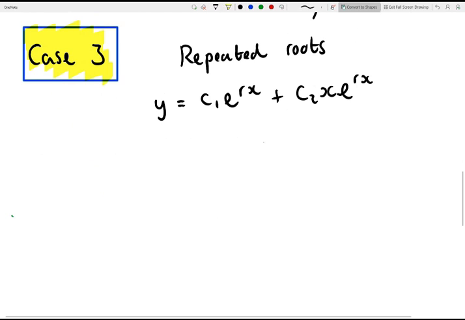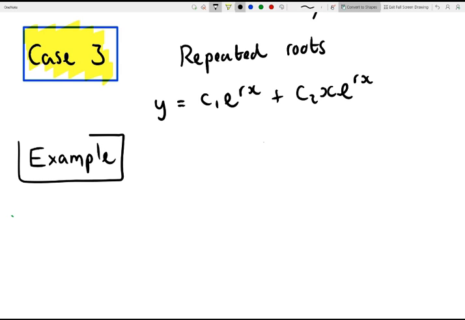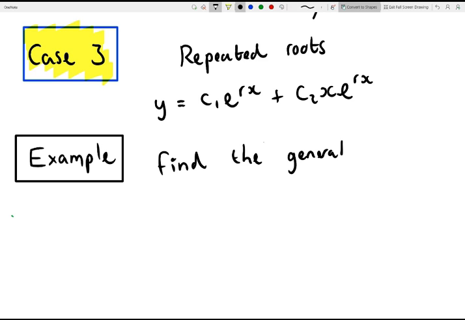Okay, so let's look at an example. Okay, so the example is find the general solution of the following differential equation.